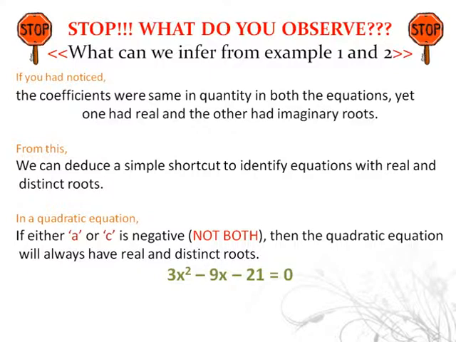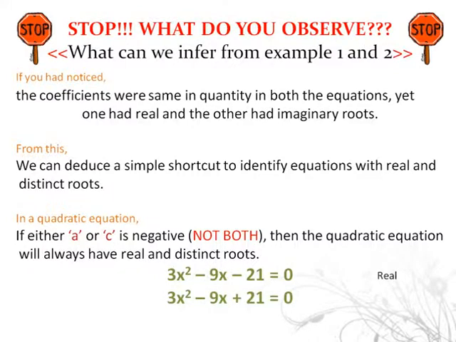Like take the first example, we had 3x square minus 9x minus 21 equal to 0. Here the constant is negative while the coefficient of x square or a is positive. So one of them is negative, so according to the shortcut, this should have real and distinct roots.